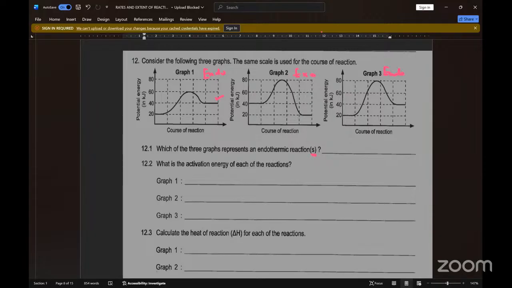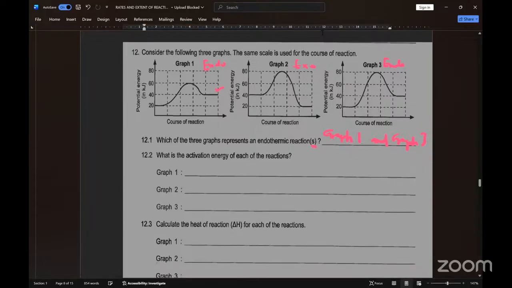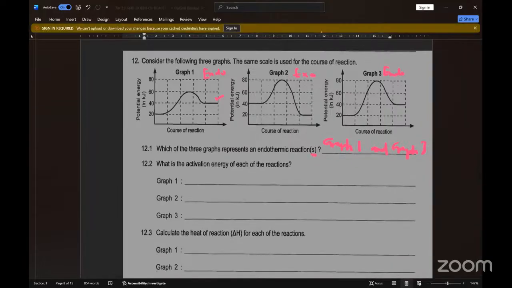So we will say graph one and graph three. So one and three. Now it says what is the activation energy of each of the reactions? Activation energy is from the reactant to the top, the peak.